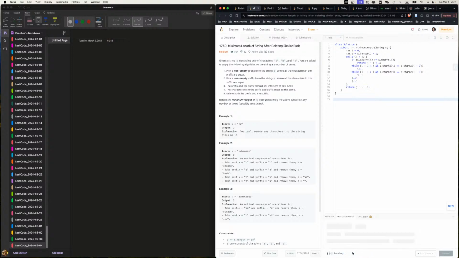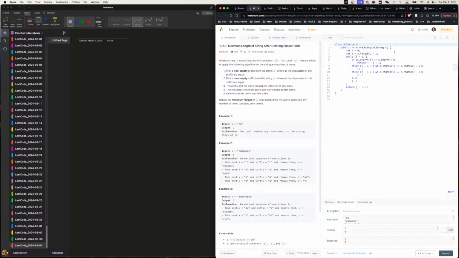Let's see, does it work? Edge case. Okay, these are considered edge cases. Okay, looks about good.